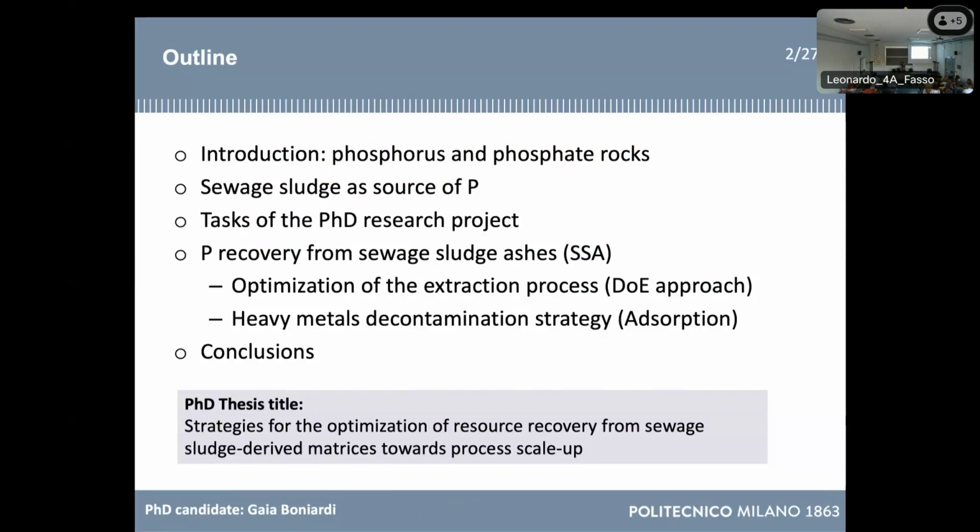I will also show you some decontamination strategy we tested, which is the use of nano sponges to decrease the heavy metals contamination. And at the end, I will come to conclusions. I will summarize the key points of the research, and I will give you also some information about the next steps.